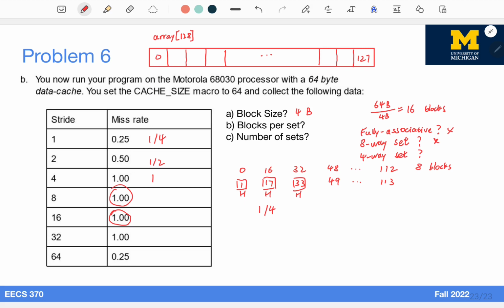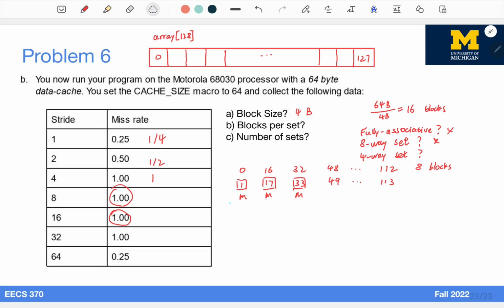Therefore, because we access 8 different blocks, one set cannot hold that many blocks and we have to evict the old blocks for 0, 16, and 32. And after we come back to the first block and access 1, we will notice that the block for 0 has already been evicted, and we will have a cache miss for all of them. In this situation, we will have a miss rate of 1, which is consistent with what the question tells us.